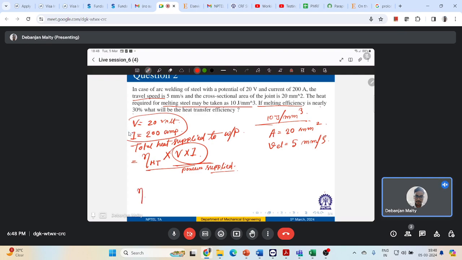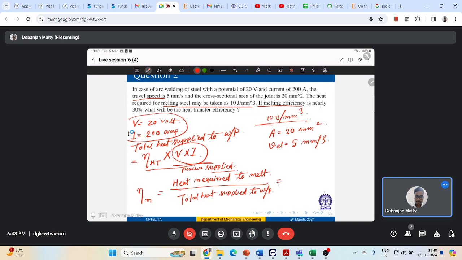So my melting efficiency will be the heat required to melt the material divided by the total heat supplied to the workpiece.